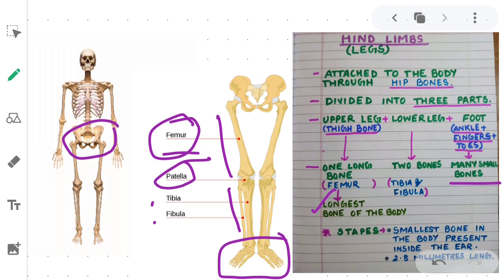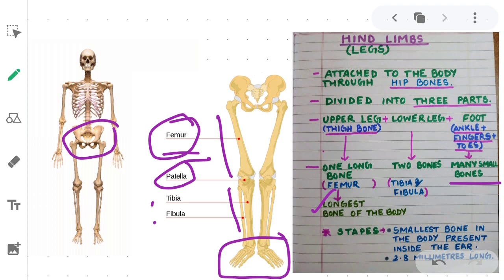So it is clear the hind limbs are also divided into three parts: the upper leg, the lower leg and the foot area. The upper leg is made up of one bone, which is called femur, and it is the longest bone present in our body. Below is the lower leg, which is made up of two bones, tibia and fibula.